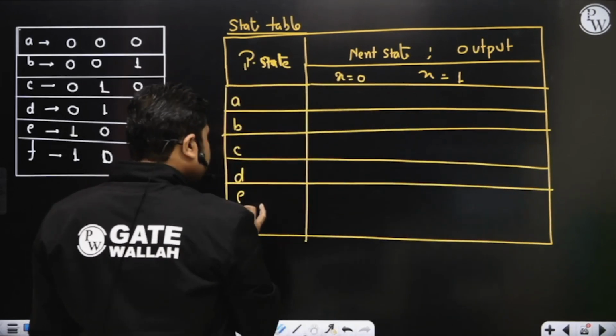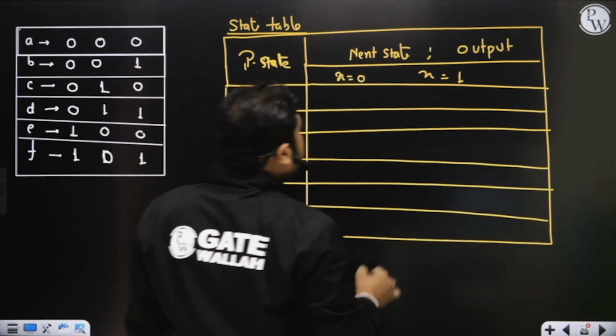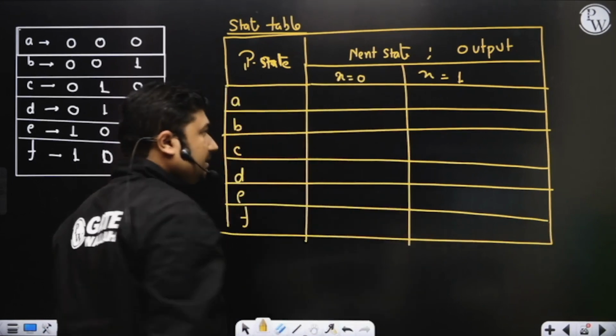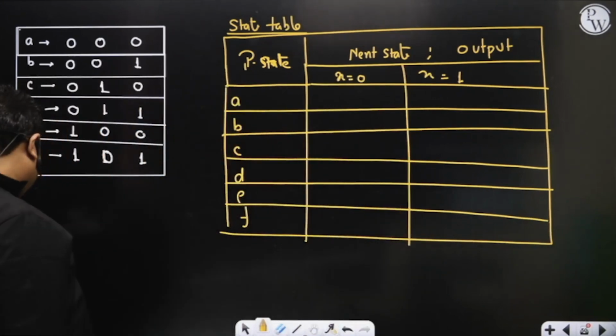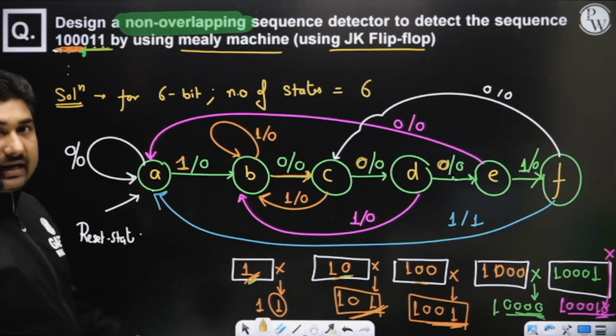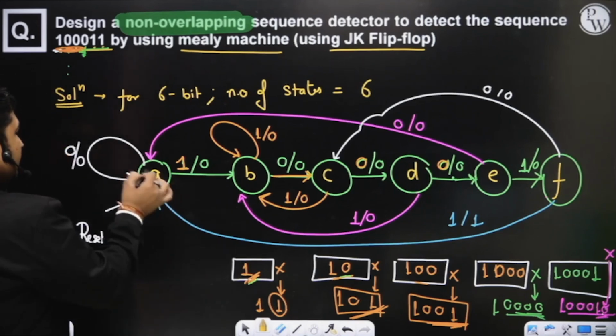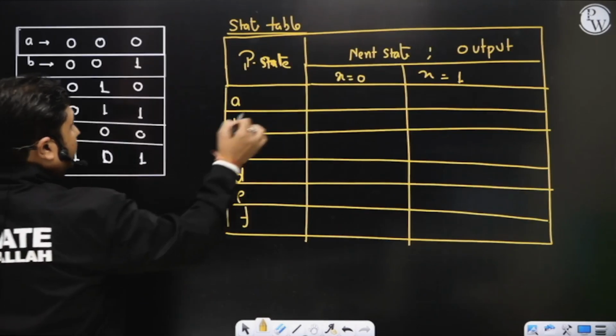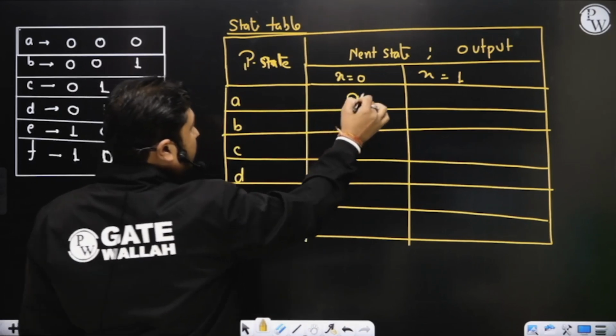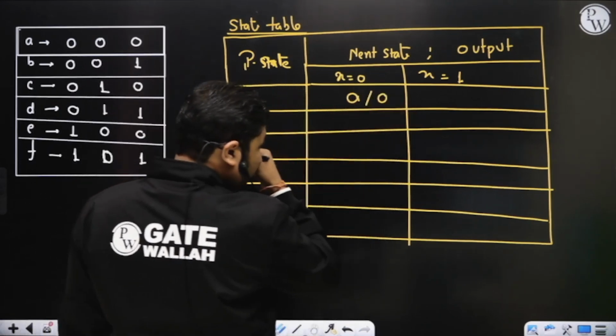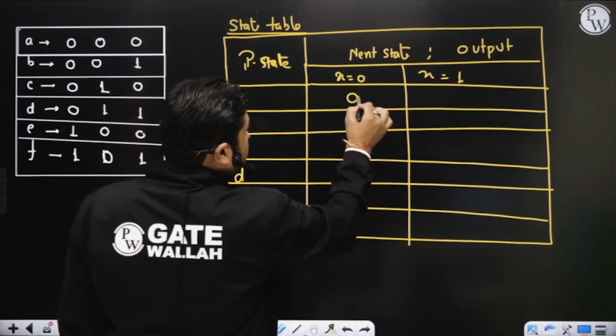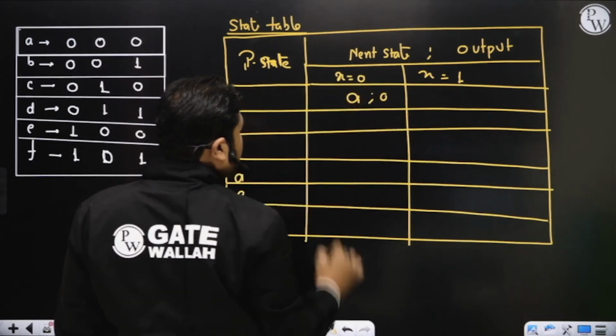So with the present state A, x equal to 0, what is your next state? For that we need to check the state diagram. Present state A, x equal to 0: next state is A only, sir. Output is 0 only, sir.